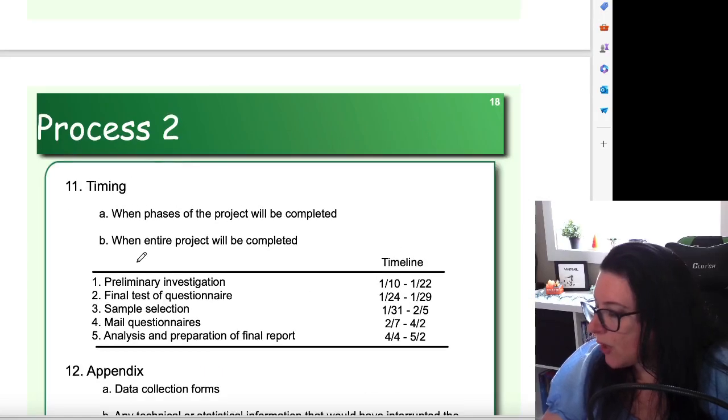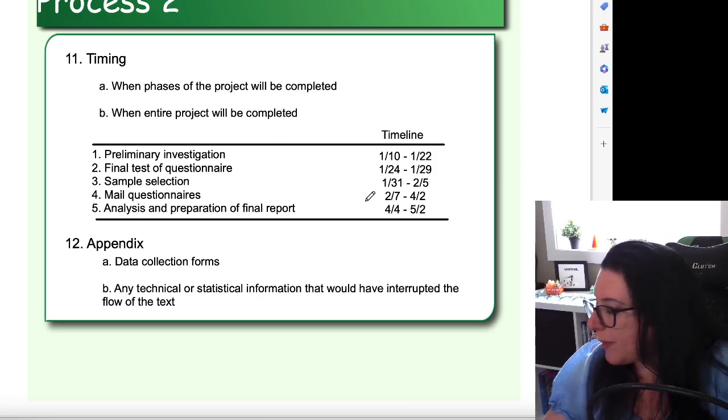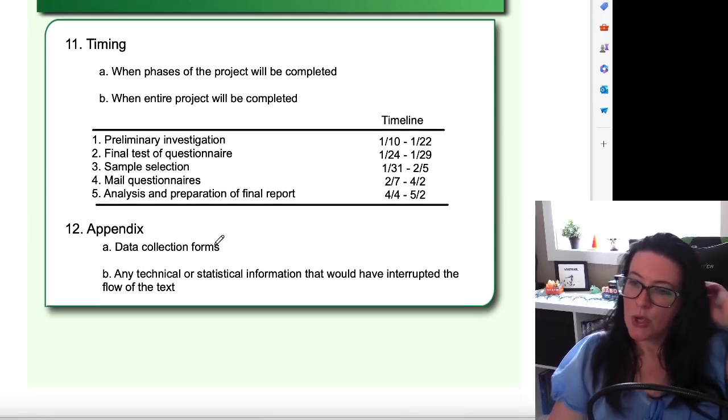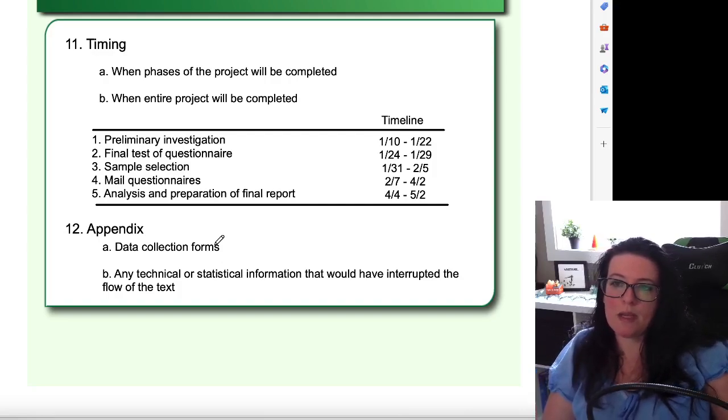Okay, so just lastly, as we're working through, here's the timing, when the phases of the project will be complete, when the entire project will be completed, so lining it out. And then the appendix. If you already have it built out, that might be your full survey.